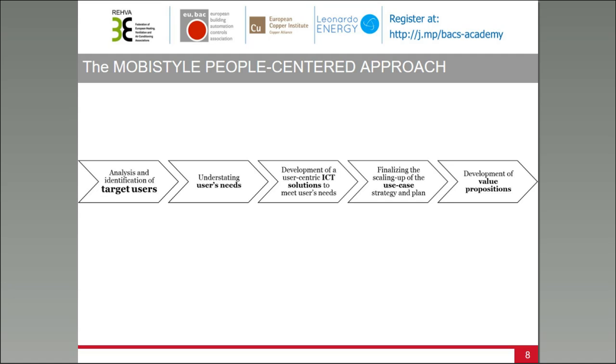As you see, it's a 5-step methodology that we can identify or isolate. First of all, of course, the approach starts with the analysis and identification of the target users. Who are the users that can influence or impact the building energy performance?